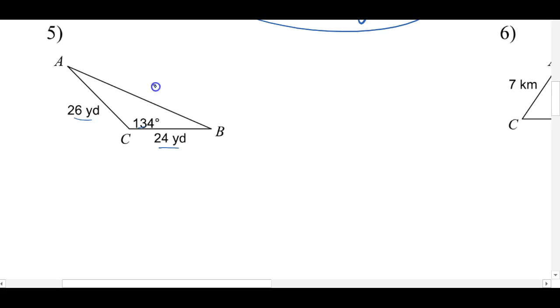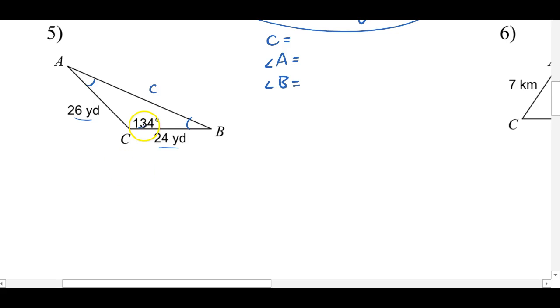Okay, so here we're going to need to find C, and we're going to need to find angle A and angle B. This is the case where I definitely am going to have to use the law of cosines. Since I know an angle already, I'm going to want to use that angle in my first step.